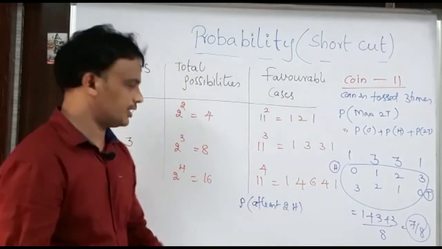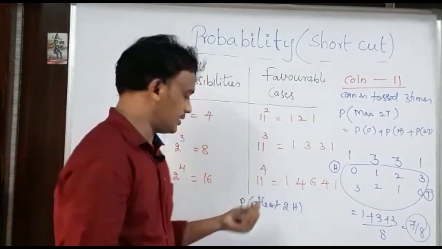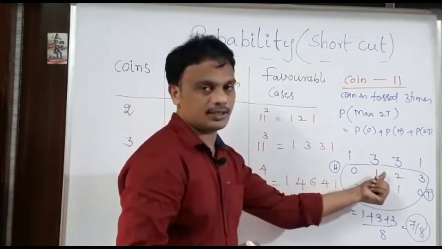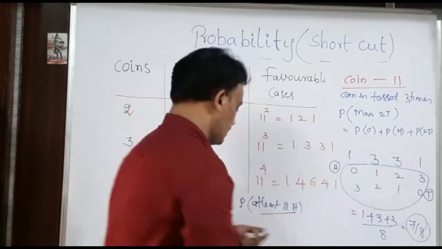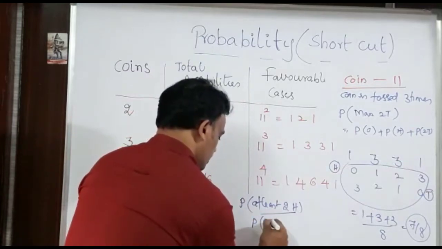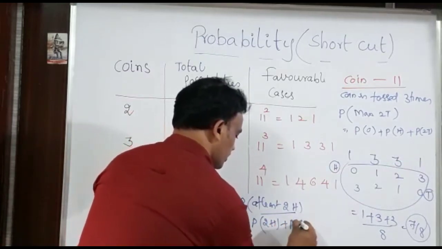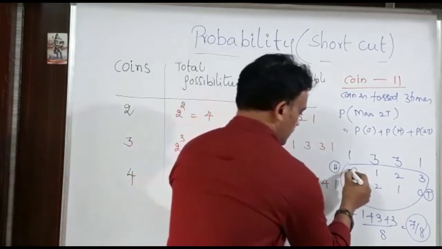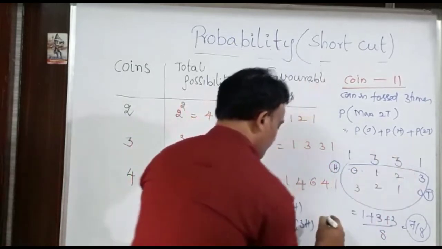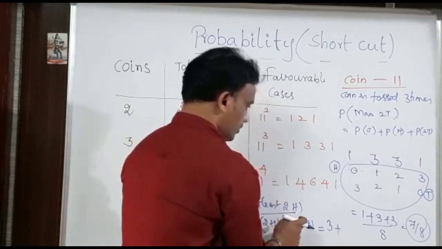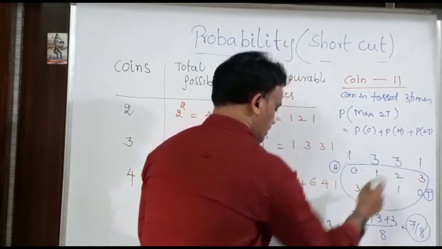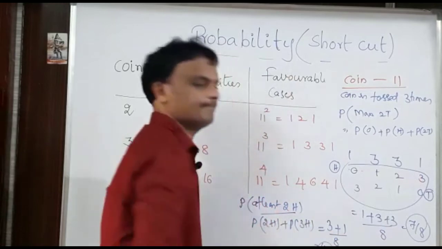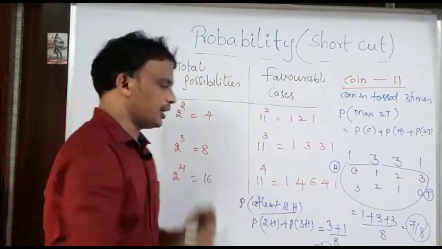At least 2 heads means we calculate the probability of getting 2 heads and 3 heads, so the probability of 2 heads plus the probability of 3 heads. For 2 heads there are 3 chances, and for 3 heads there is 1 chance out of 8 chances, which is 4 by 8. So like this we will solve the problem.